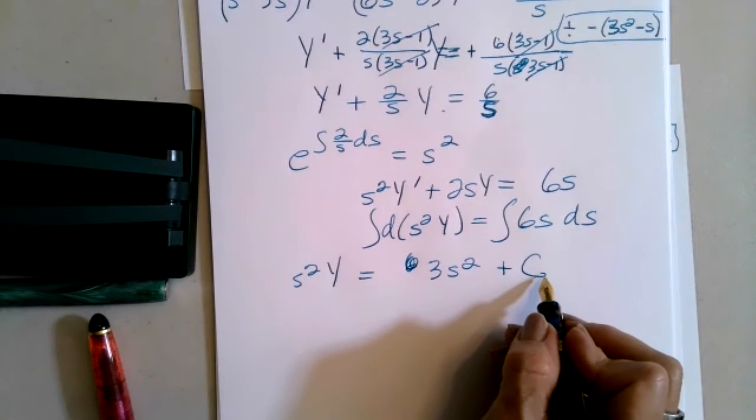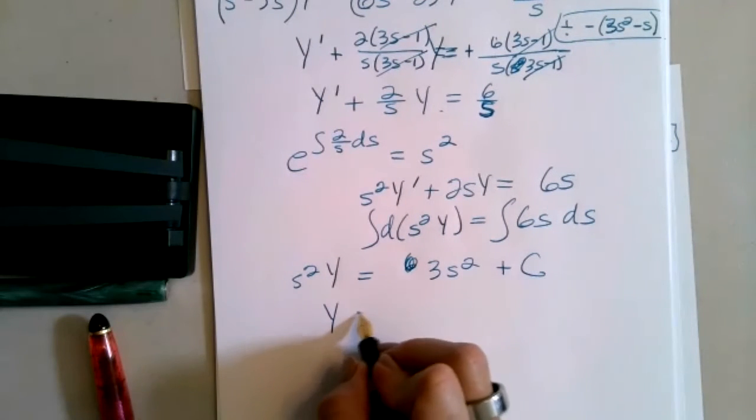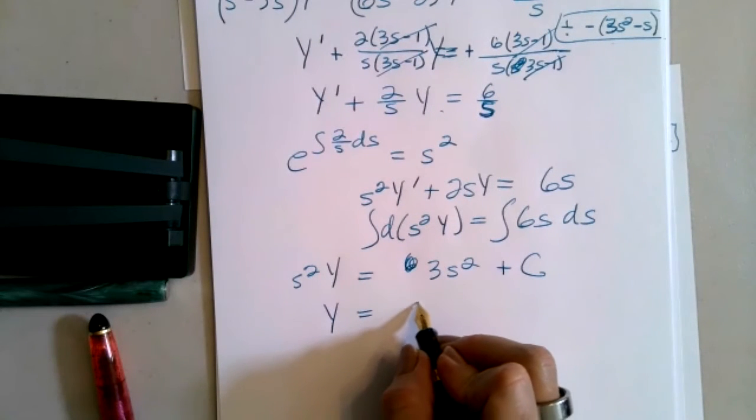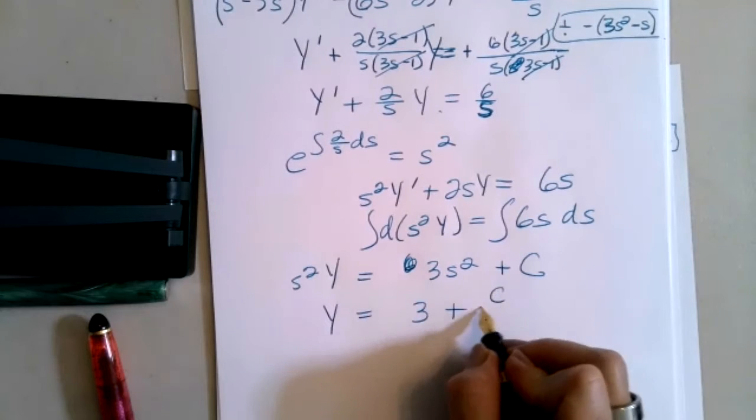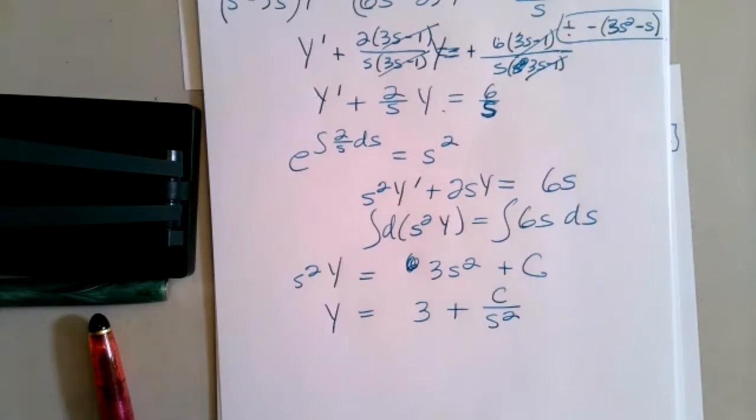So I'm again getting a constant. So Y is 3 plus c over s squared. And that is the problem. You can't invert a constant. So I am making some kind of crazy mistake over and over.